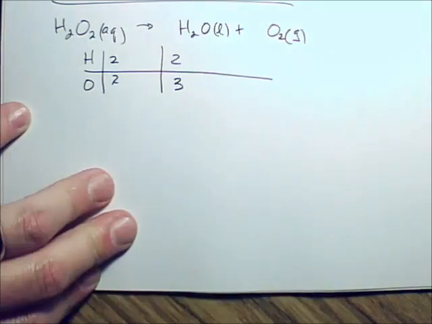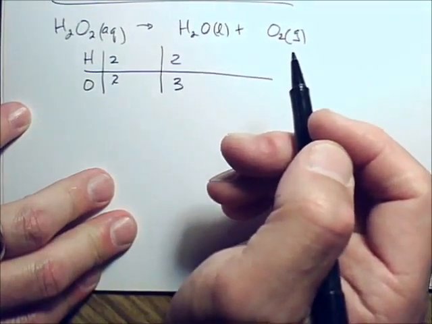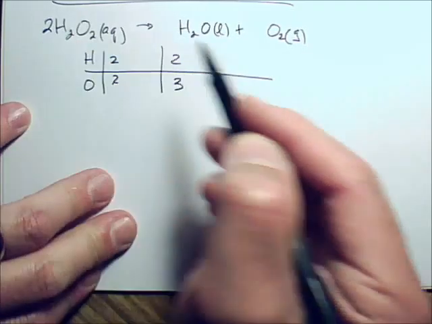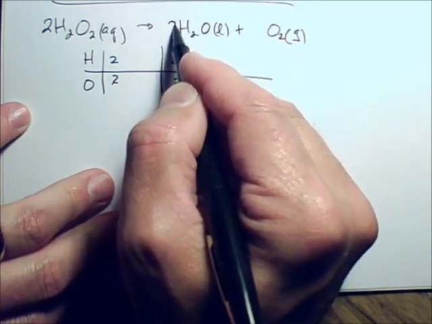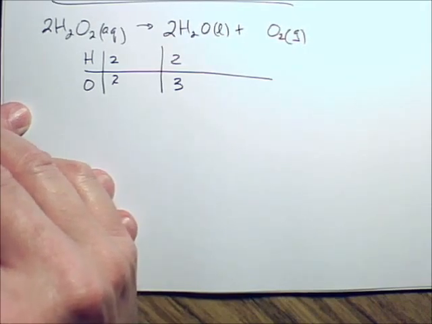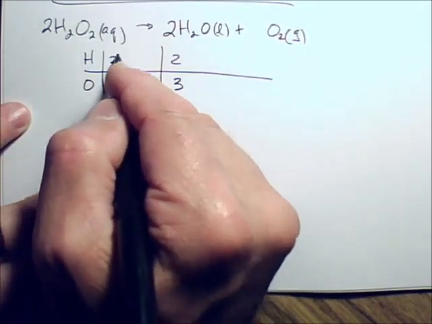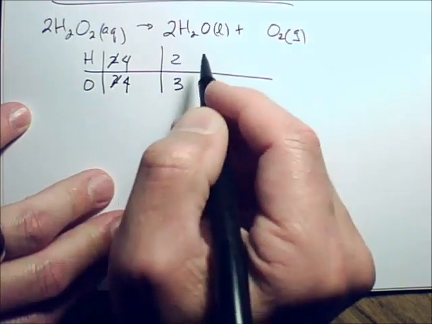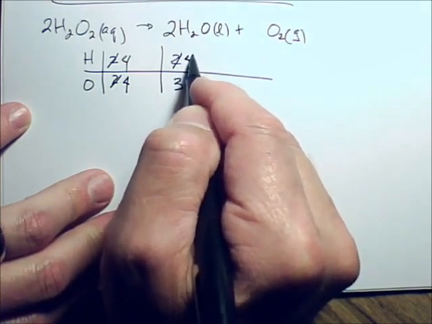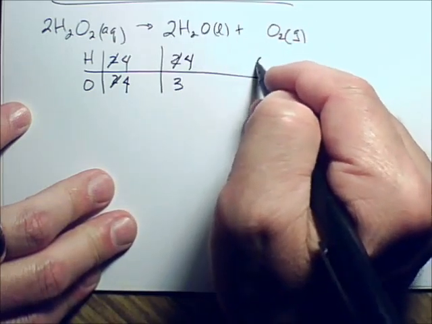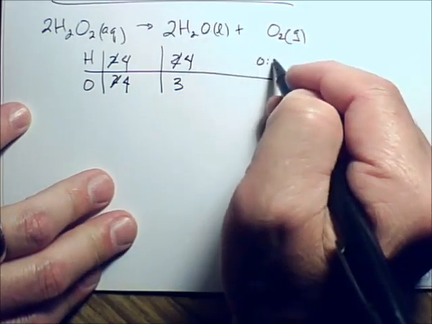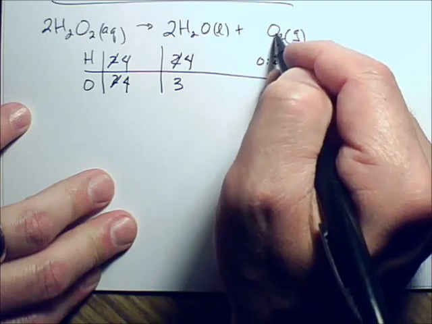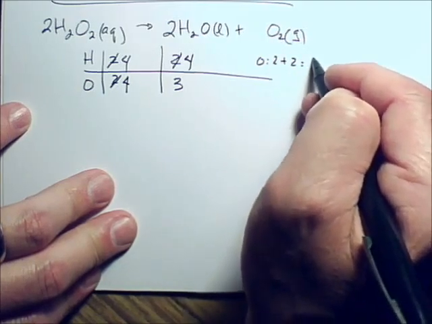Or maybe, wait, hold on, let me think about this. I think the simple thing is to put a 2 here and a 2 here. That's right. That'll give me 4 hydrogens and 4 oxygens here. It'll give me 4 hydrogens here, and the oxygens you'll have 2 times 1 is 2, plus this 2 times 1 there is 2, so that's 4 there.